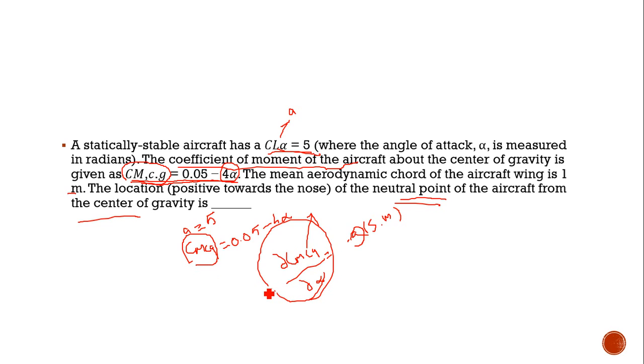In order to solve that, they have given a clue, this CMCG. By differentiating it, dou CMCG divided by dou alpha. This term doesn't have an alpha term, so it will become 0, and that is equal to minus 4.